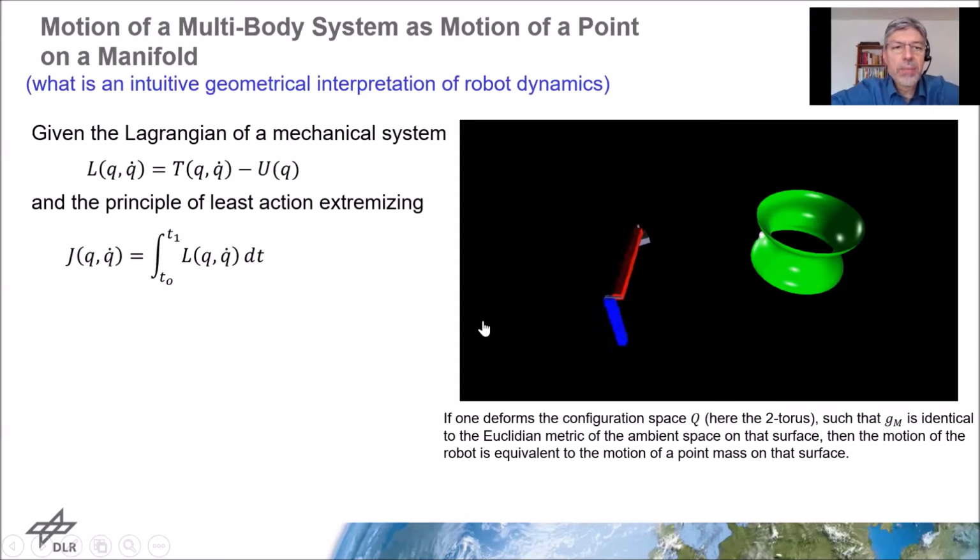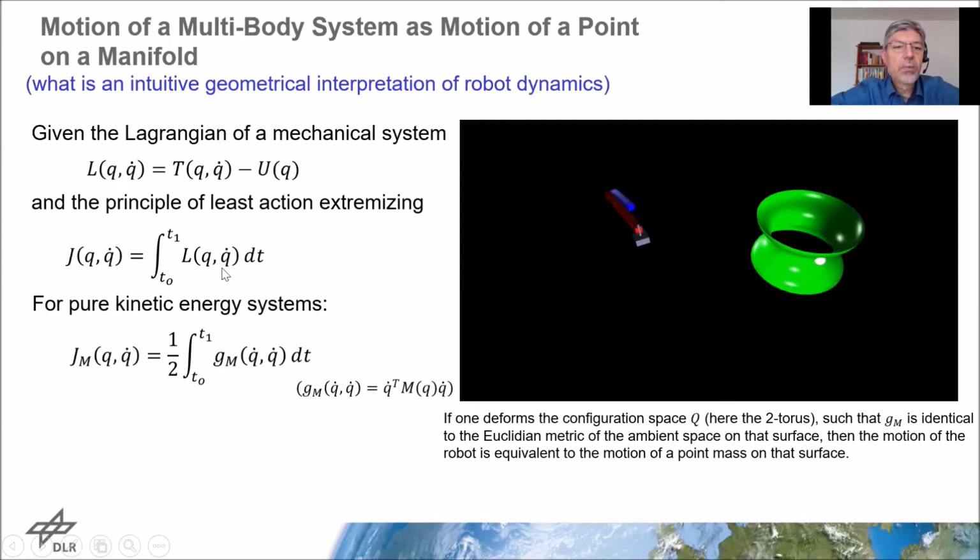Now consider a mechanical system, which is described by the Lagrangian function, which is the difference between the kinetic and potential energy. From the principle of least action, we know that the motion of the system will be such that you extremise, between 2 points, the integral of the Lagrangian. So you extremise this cost function, which is given by the Lagrangian.